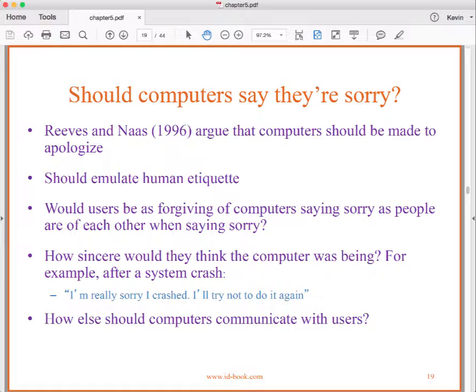Users had a better overall experience if they were apologized to after some kind of system shortcoming than if they weren't. Certainly, to the extent that the application apologizing appears to be insincere, well, that's just going to make it worse.